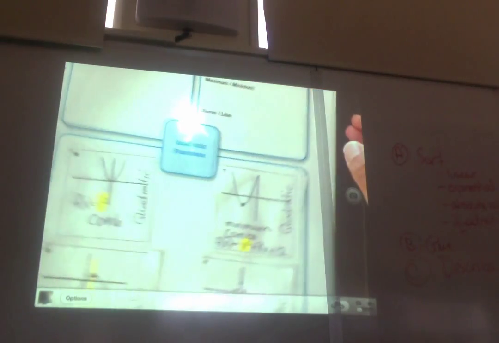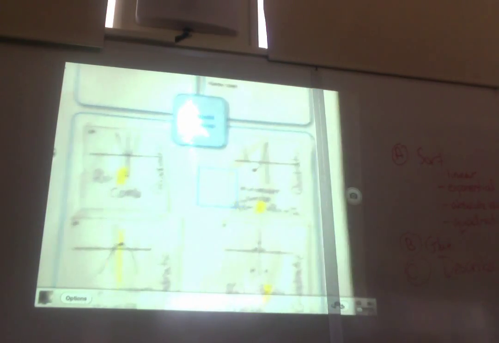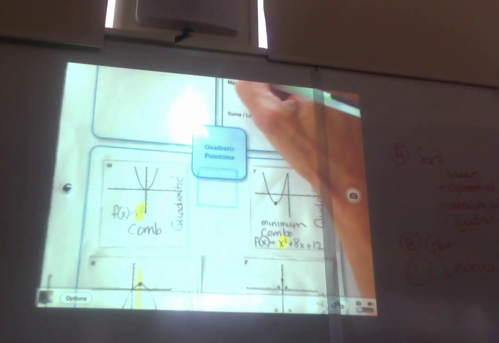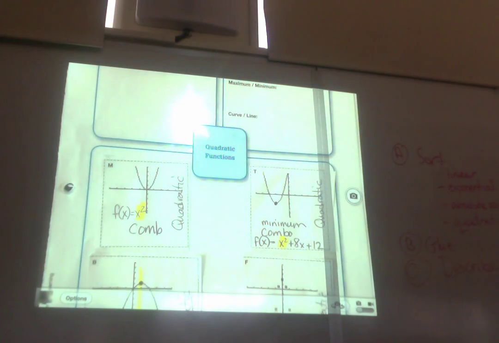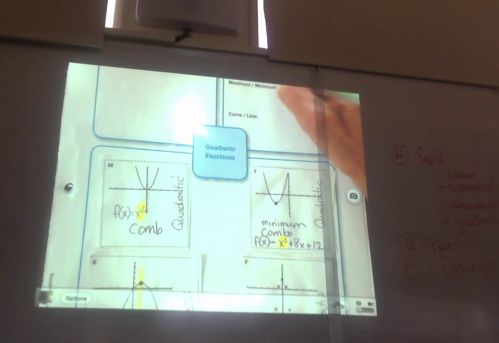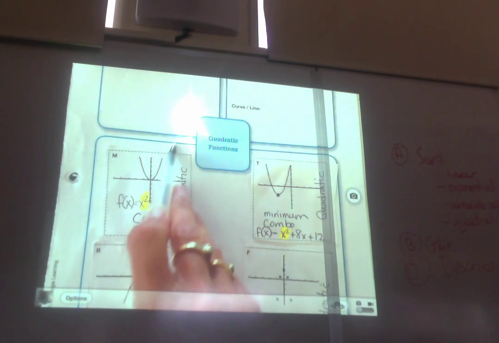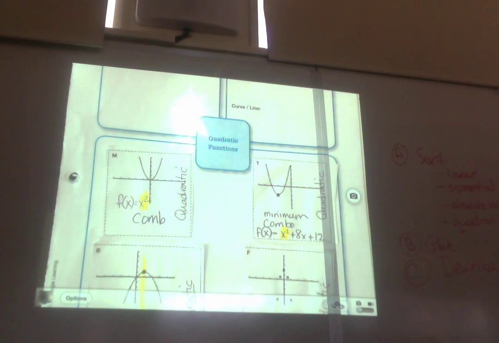Flipping over to page 49. These are quadratic functions. I have M, T, B, and F. Are they increasing or decreasing? They do both, and we called it combo. Because if I look from left to right, they go down and then they go up, so they do both at the same time.